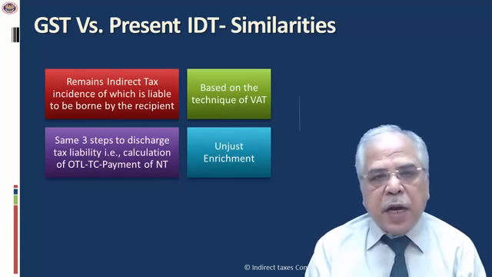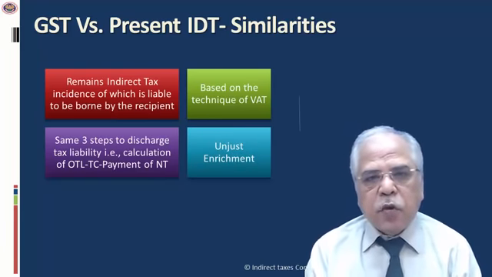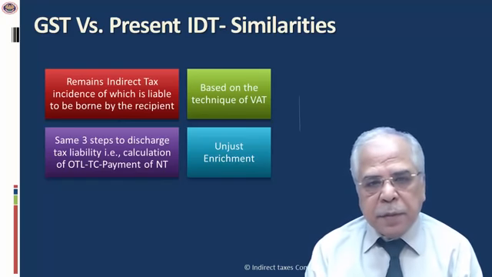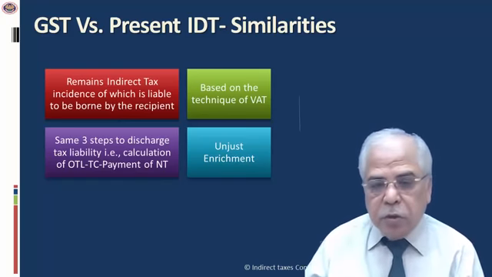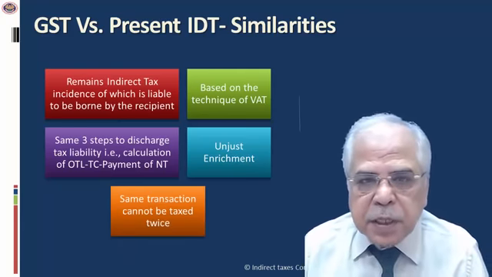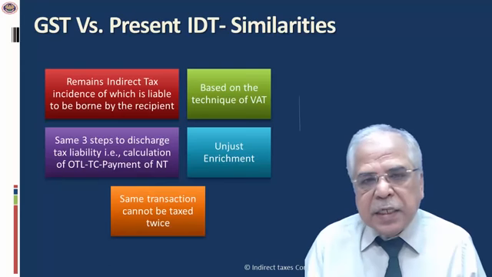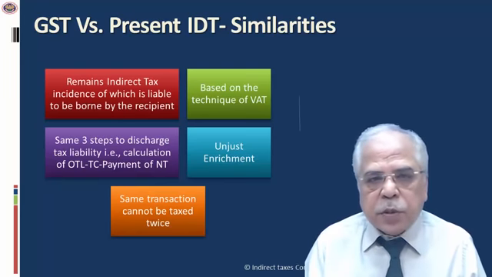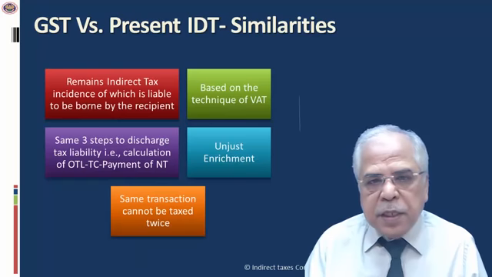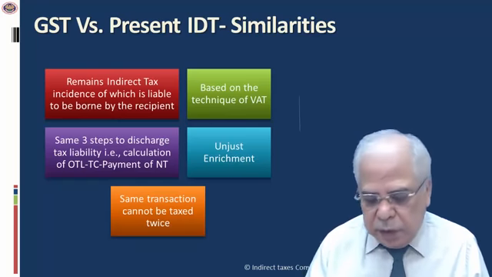The concept of unjust enrichment, that is, no one is allowed to make profit out of taxes, shall be applicable to GST also, and the principle that a single transaction cannot be subject to taxation in the hands of both supplier as well as recipient shall continue to be applicable in GST as well.